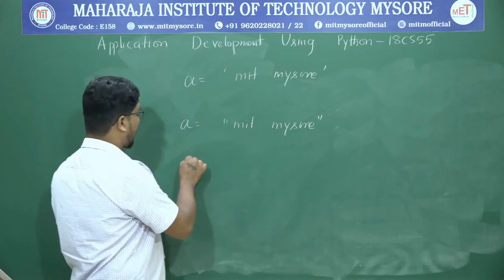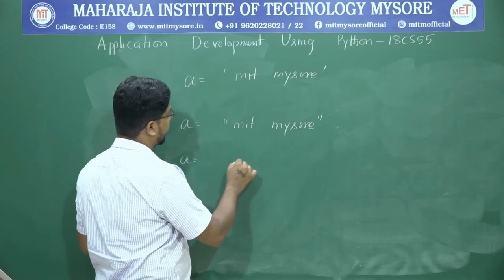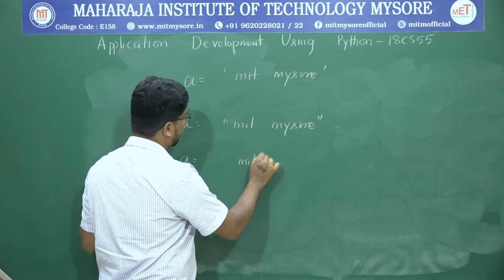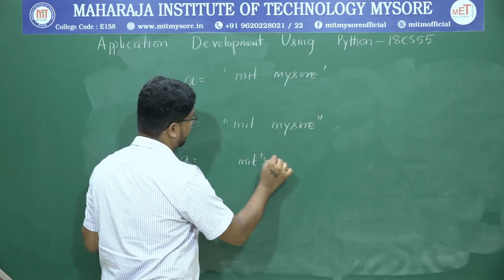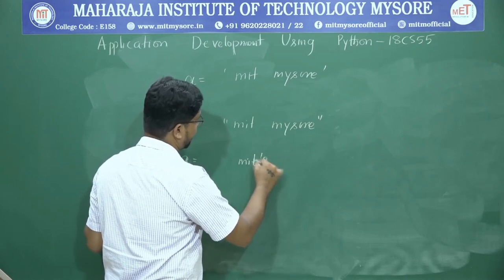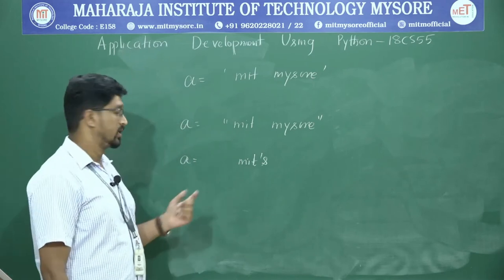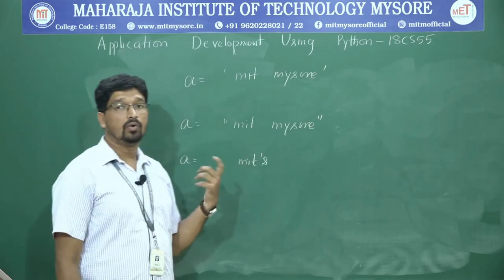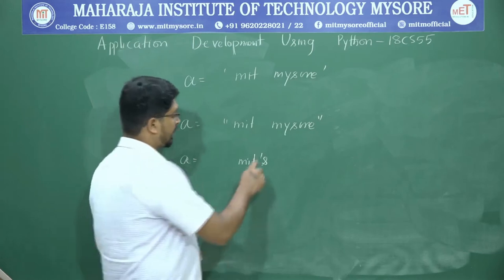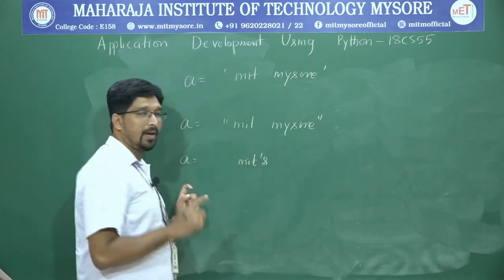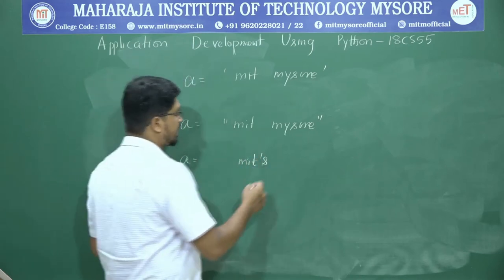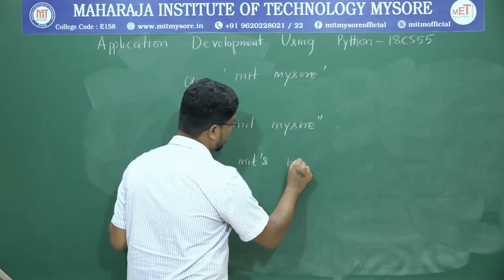Let us say I have an apostrophe s, for example I want to print MIT's books.